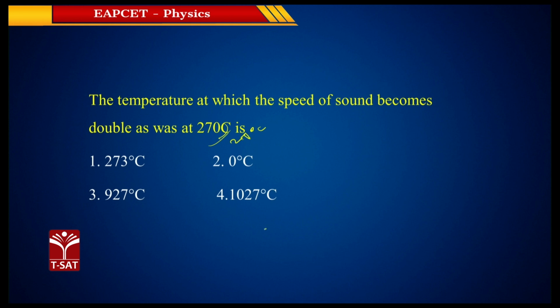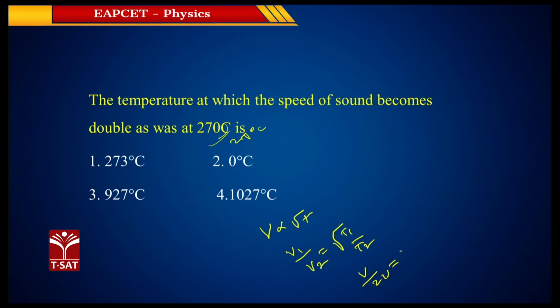Here you know the formula: V is proportional to root T. That means V1 by V2 is equal to root T1 by T2. Here you take V1 as V, and V2 is double, that is 2V.